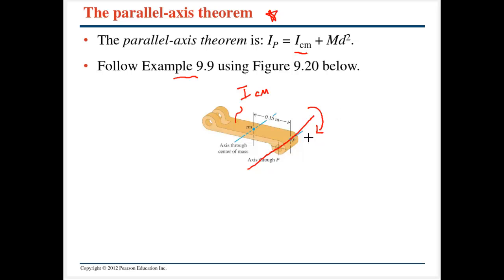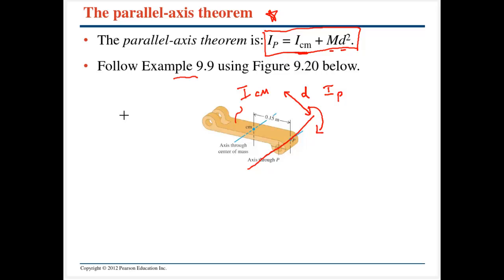It turns out we can write the moment of inertia about that axis P simply as the sum of the moment of inertia about the center of mass plus the mass of that object times the distance between the center of mass axis and the axis P that we're considering. That's going to be my D right there.